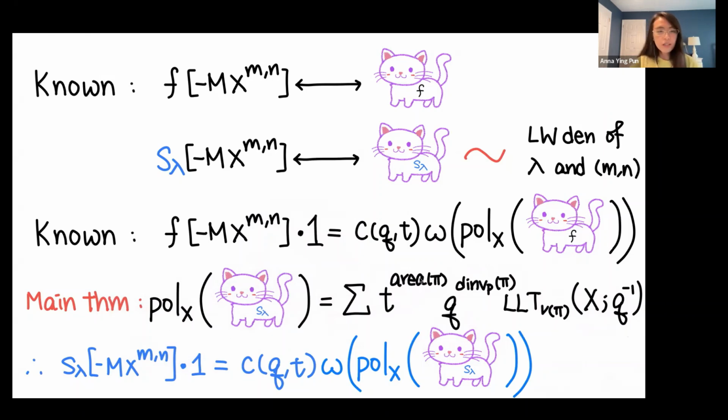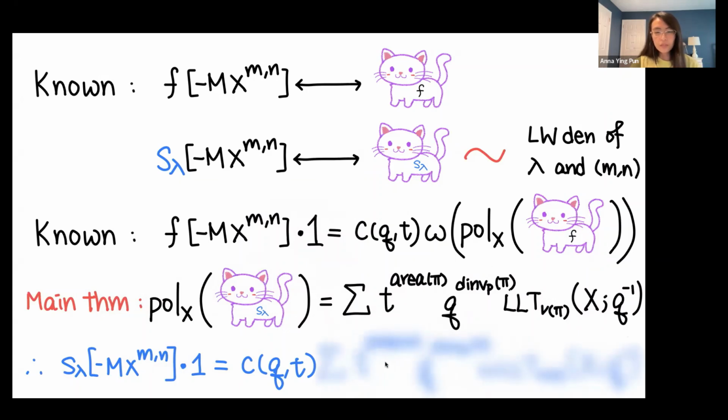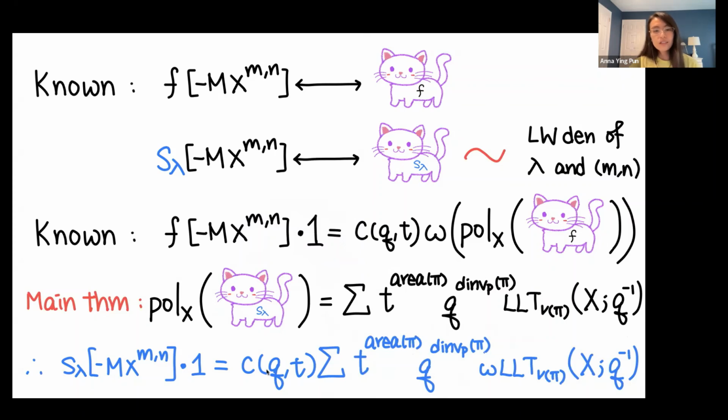So that's that. If I know this, I can just replace this omega of the truncated cat. It's just our CQT summing up all these LT polynomials, right? So that's great because now that's how we get our theorem there.